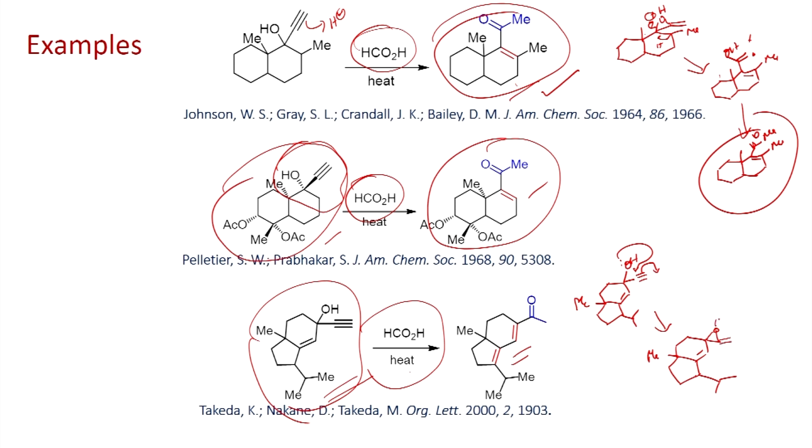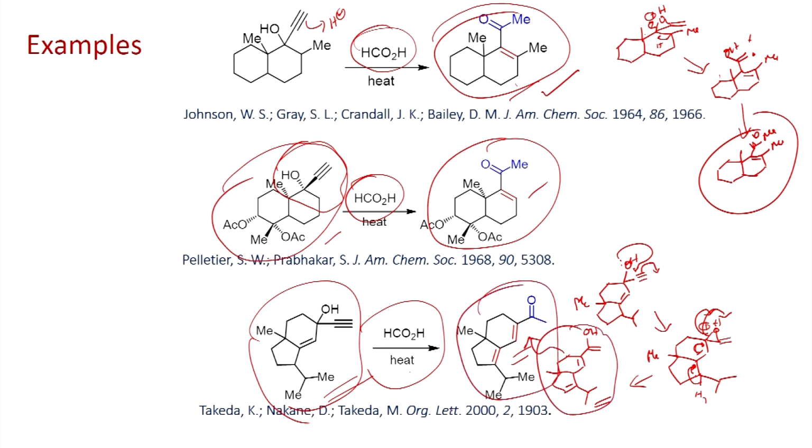Once you form this one, in this system, removal of this proton and then this migration takes place, and then you will be able to have this intermediate, which, as we have just seen, can undergo keto-enol tautomerization to give this conjugated ketone as the product.